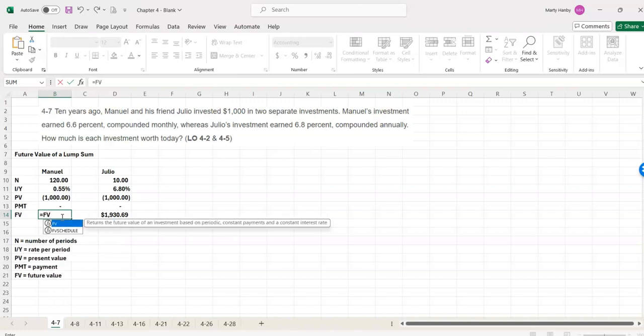So equals FV. So my rate, number of periods, comma, the payment, comma, and PV, present value, and close paren.